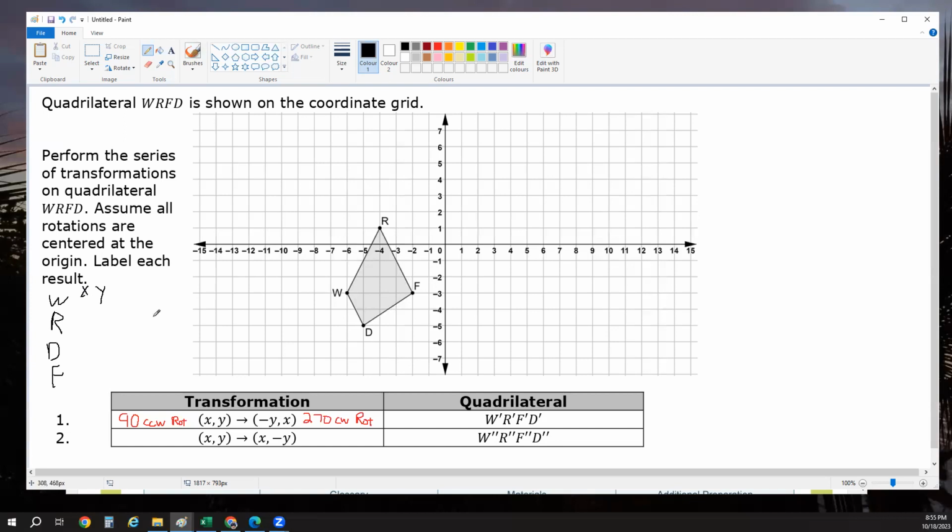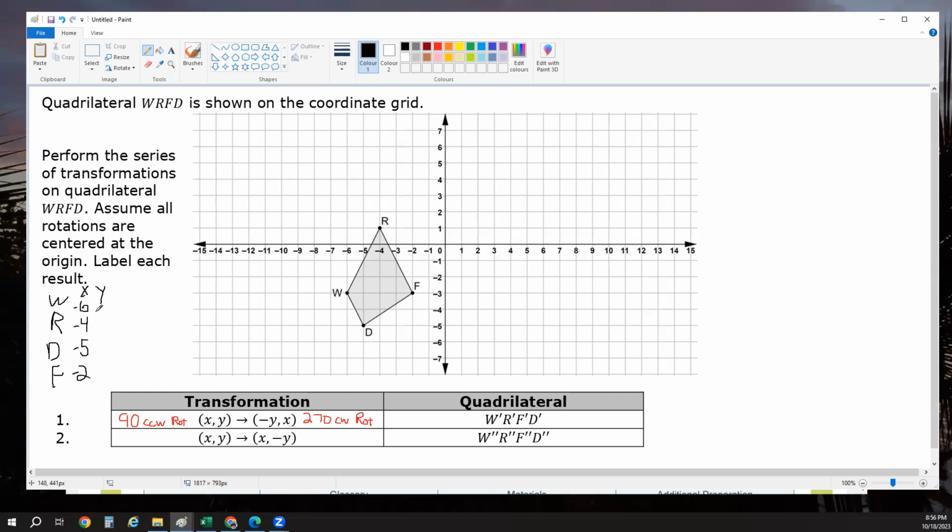W is -6, R is -4, D is -5. This is where I tend to make the most mistakes, so I'm a little more cautious than I normally am. And F is -2.